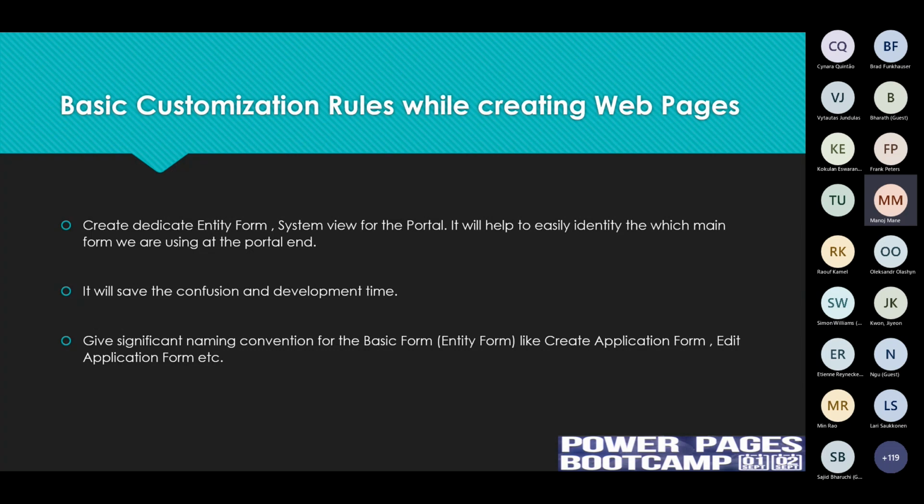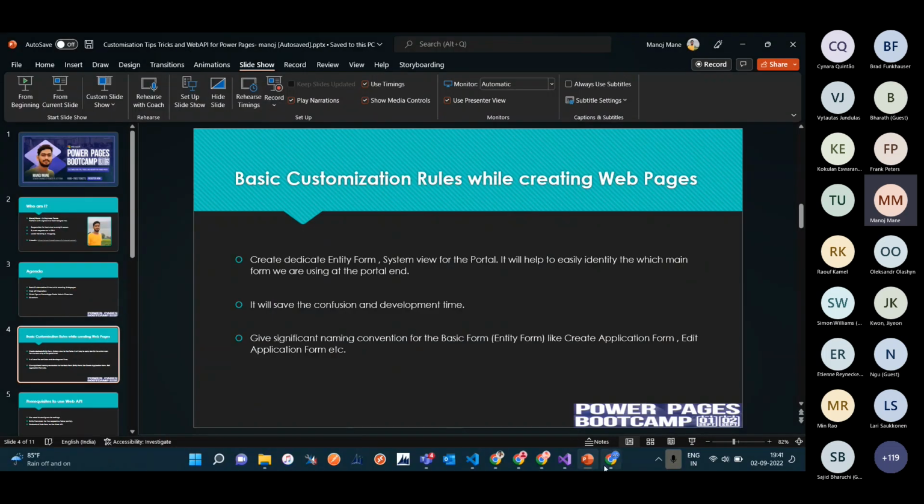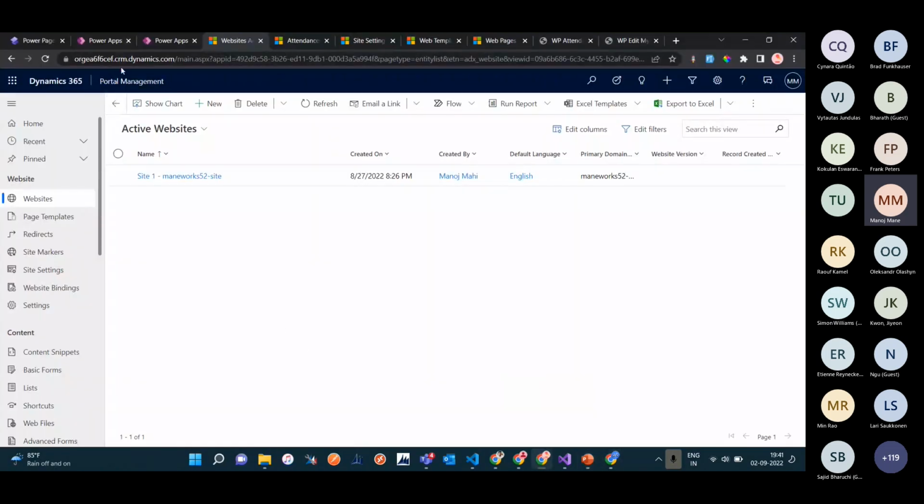The very first rule is that we must create dedicated CRM forms, or views, at the CRM level for whatever form or list we use for the web pages. That helps us reuse them at the portal level, and we can modify only those views without contradicting the CRM components. I will also demonstrate how I use this as a best practice.